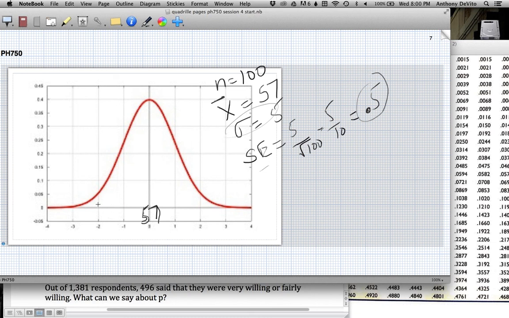So I know in that case, 2 standard deviations below 57 and 2 standard deviations above 57 is going to be 56, 2 times 1/2, it's going to be 58. So that's 95% of the likely outcomes for our repeated samples.